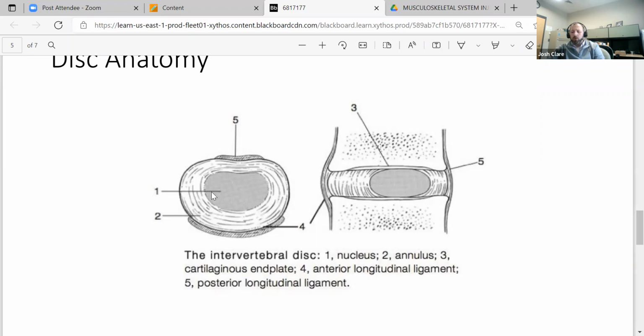The other terms for herniated intervertebral disc: herniated nucleus pulposus actually talks about this nucleus moving and coming out. Disc protrusion is another one. There are some risk factors for it.